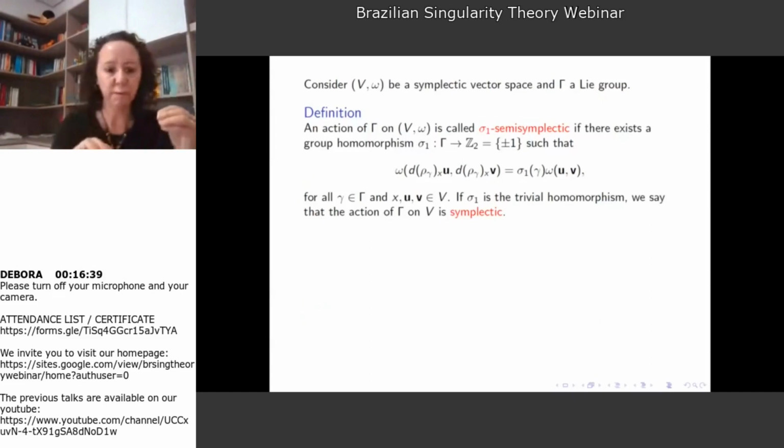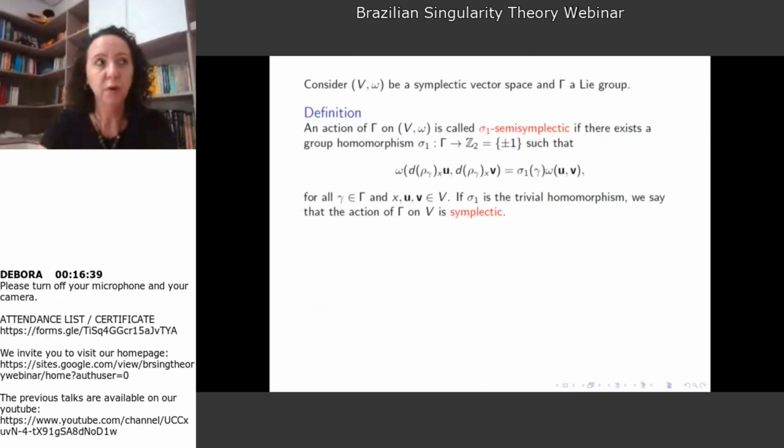But if you have a space and an action of a group, we can study what happens with the bilinear form under this action and with the vector field with respect to this action.